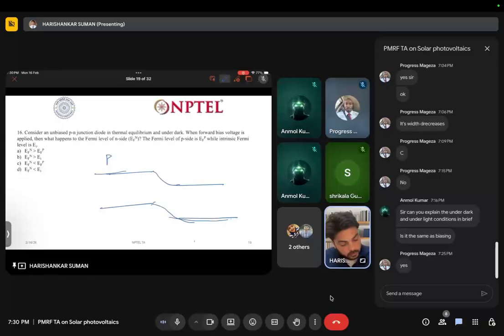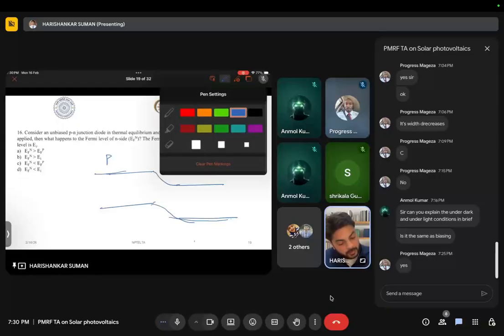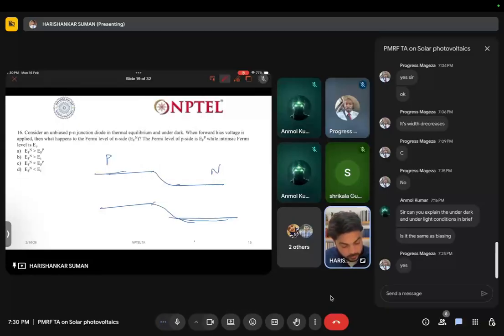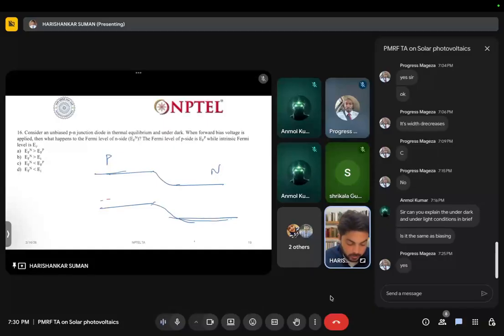This is p, this is n. So this is the Fermi level for p type, red, and holes on the n side are very less, you know. Yes or no?